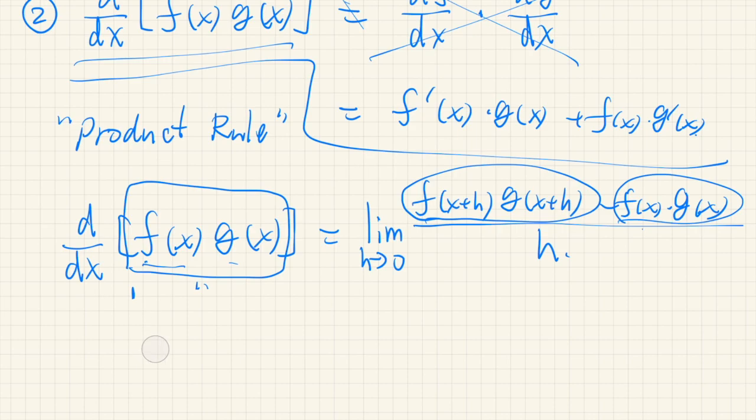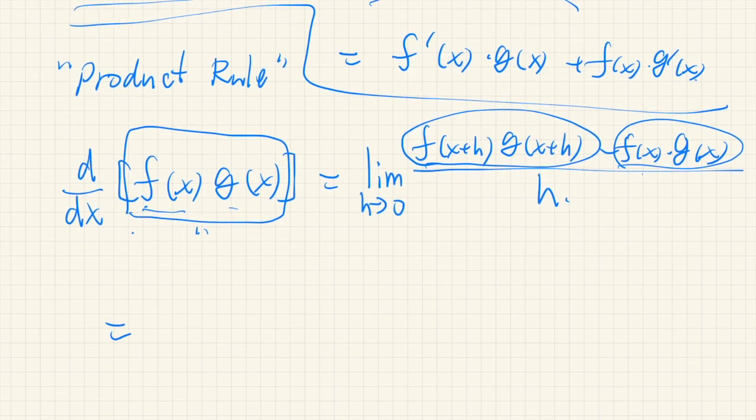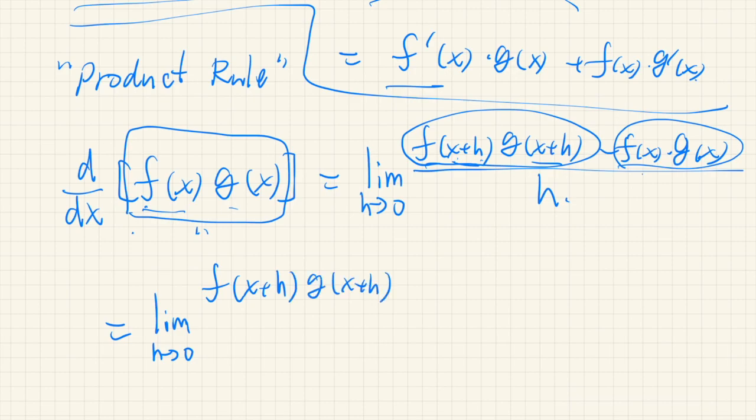So now what can we do? We have x plus h here and here, but we want to convert this in terms of the derivative of f and the derivative of g. So why don't we add and subtract the same term.